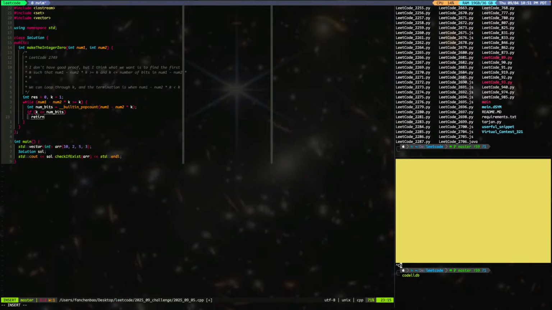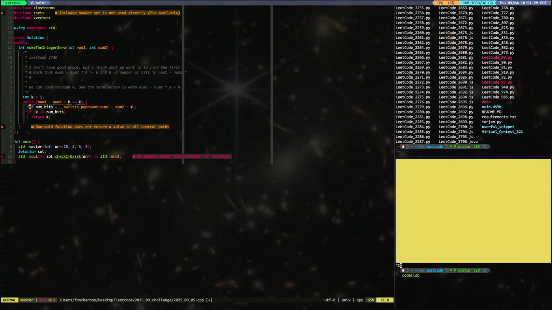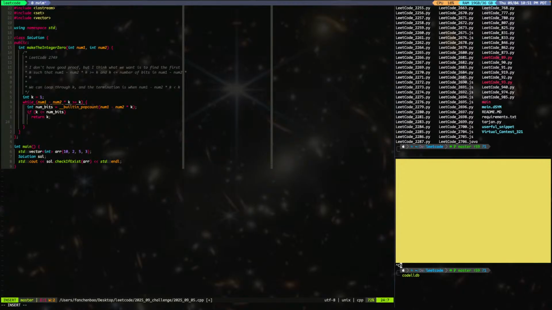So I think I can just return k. I don't have to use a res. That's the first step, second step, third step, right? And then k plus plus. And once it's bad, do you return k?